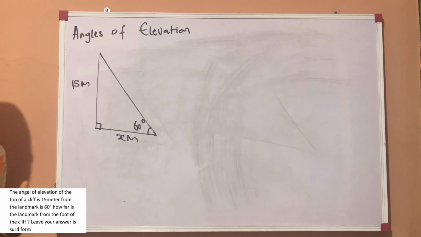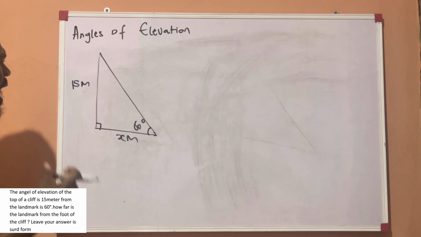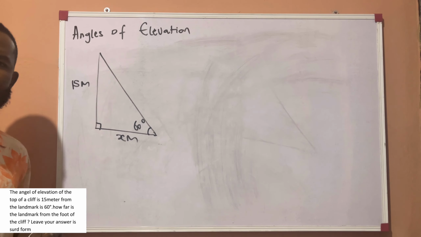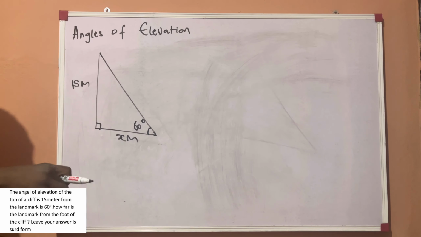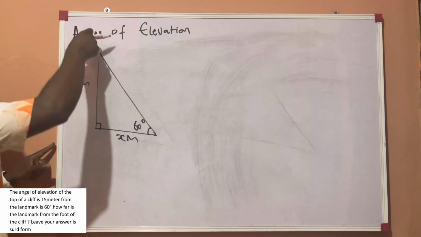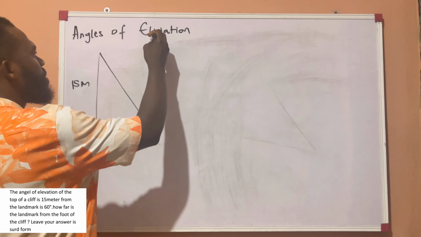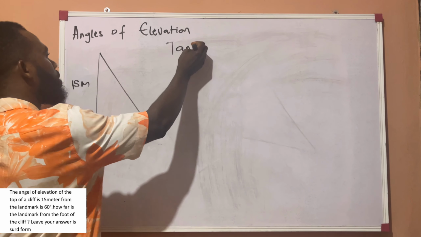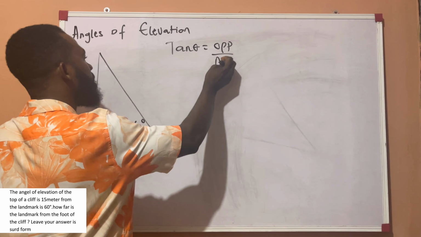Now, how do we solve a problem like this? Again, 60 degrees is a special angle. So the first question is, are we applying sine, cosine, or tangent? Let us see. Again, we are going to apply tan. Because why? There is no hypotenuse given. So now, tan theta, which says opposite over adjacent.